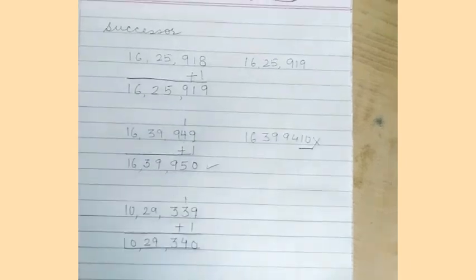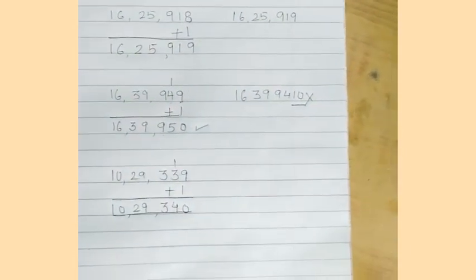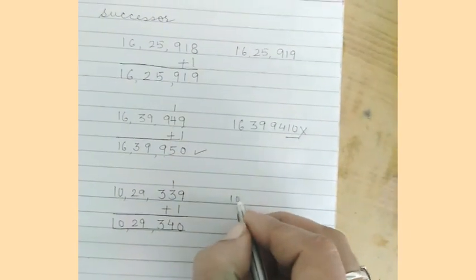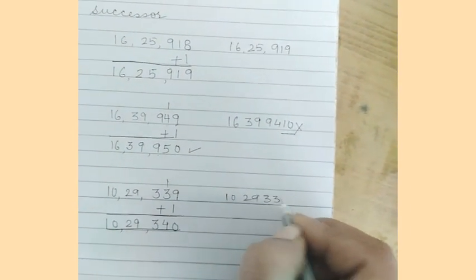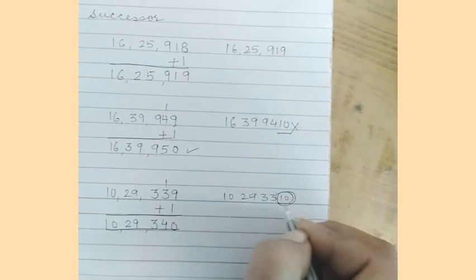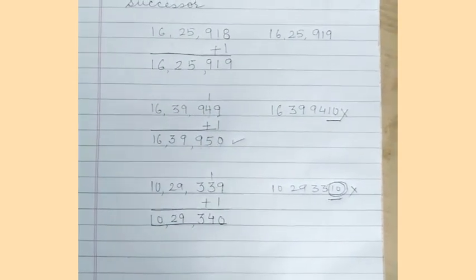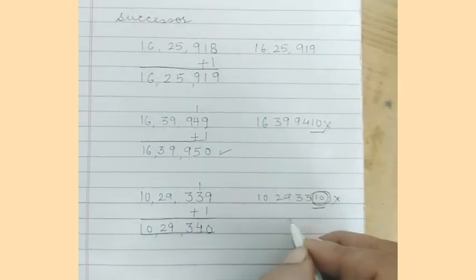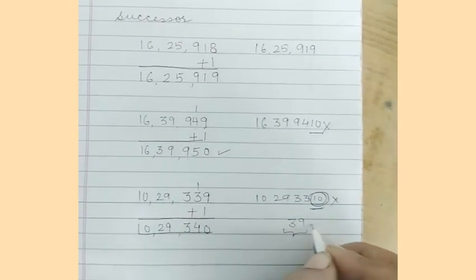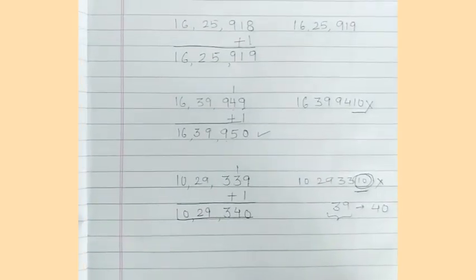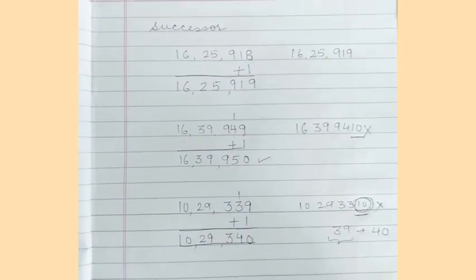And the number becomes 10,29,340. So don't make the error of writing down 1, 0, 2, 9, 3, 3 and then 10. This 9 cannot be separately written as 10. This is wrong. You have to read it with 3 and 9. 3 and 9 together are 39 and after 39 we always have 40. So keep these little things in mind while doing successor and predecessor.